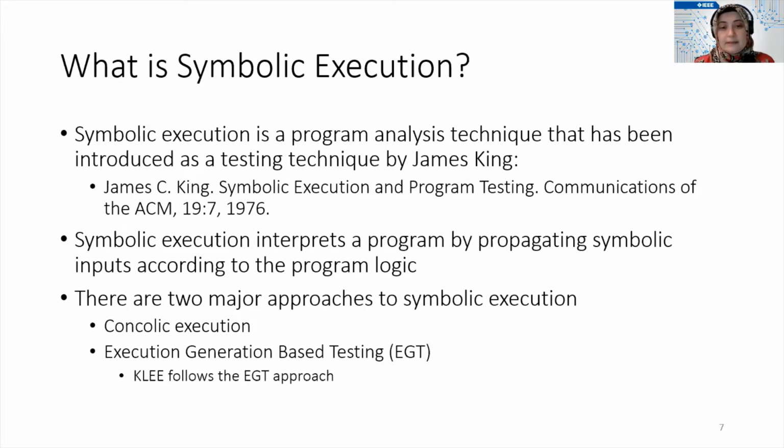And there are basically two approaches to symbolic execution: concolic execution and execution generated testing, or EGT. Since PROMPT is based on the KLEE symbolic execution engine, and since it follows the EGT approach, our examples will be about that approach.